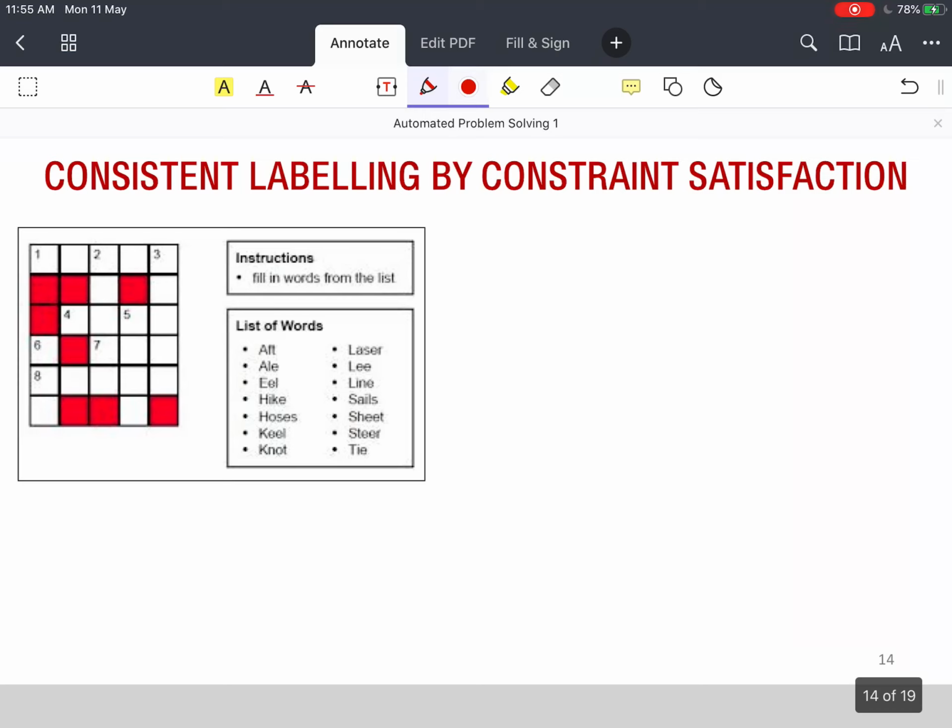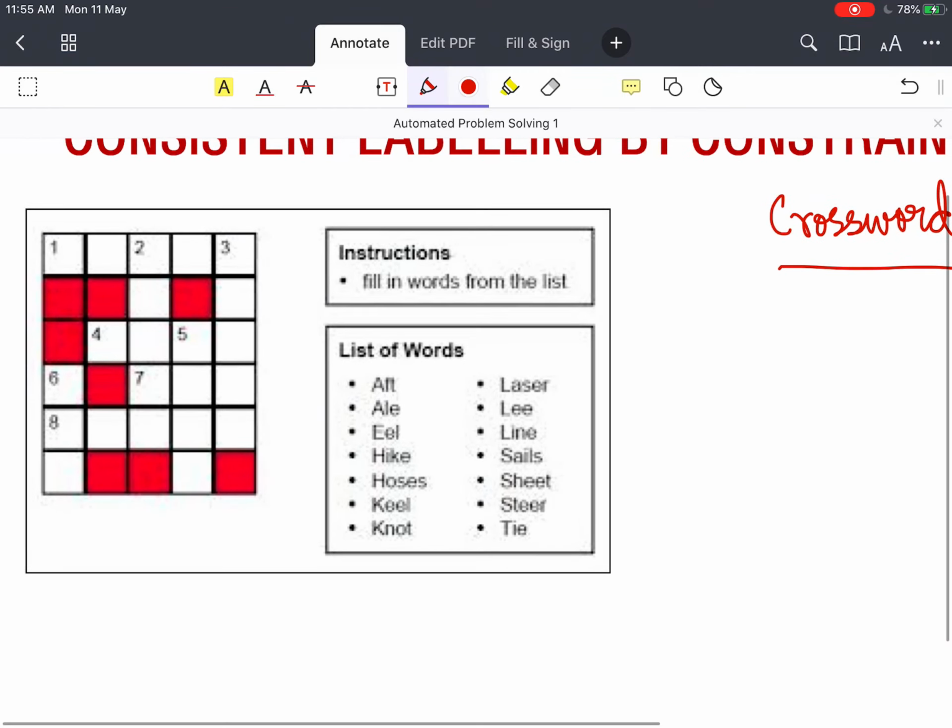One of the most popular consistent labeling constraint satisfaction problems is the crossword problem. In this example that I have shown, I have numbers 1, 2, 3, 4, 5, 6, 7 and 8, and I have to fill them up. 1 across I have to fill with a word. 2 down I also have to fill with a word.